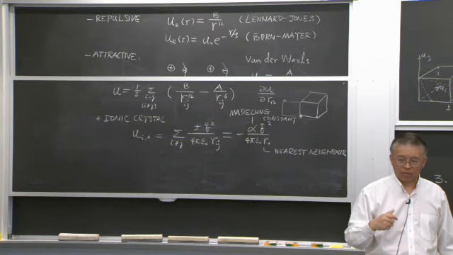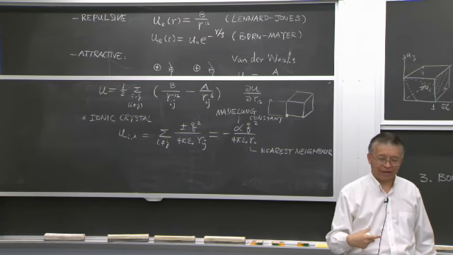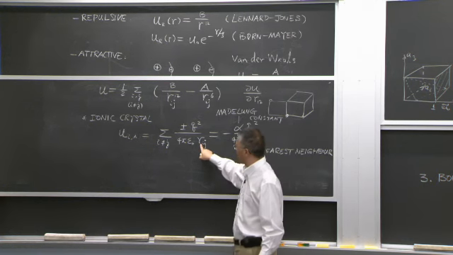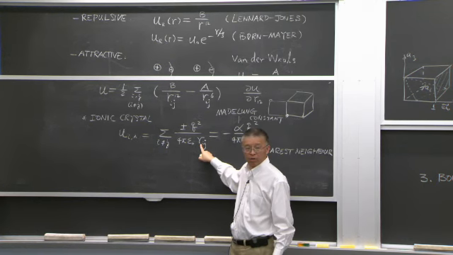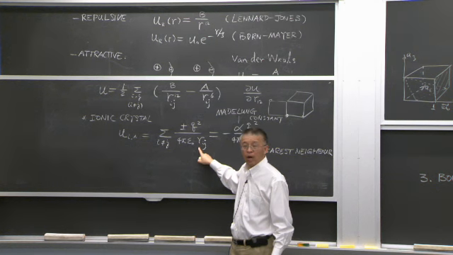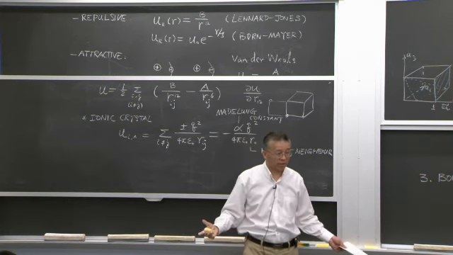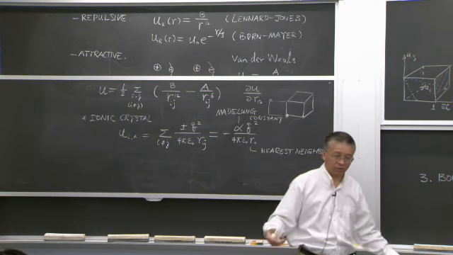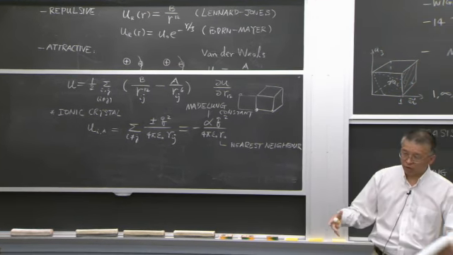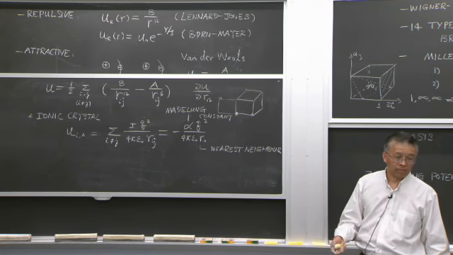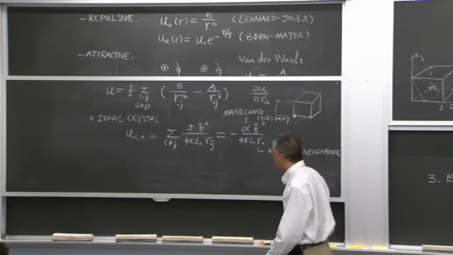In fact, that's more challenging than covalent in a certain sense, because this dies out very slowly. 1 over R dies out very slowly. That means you need to include a lot of atoms together and increase your domain size when you do a simulation. If the force is short range, it's much easier to simulate.